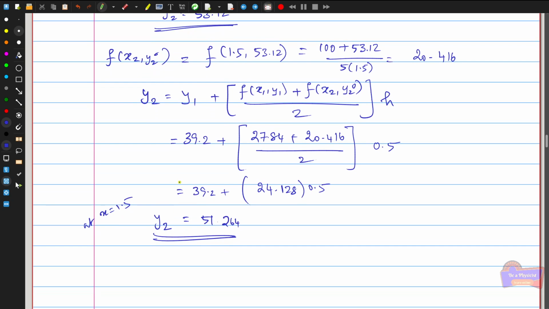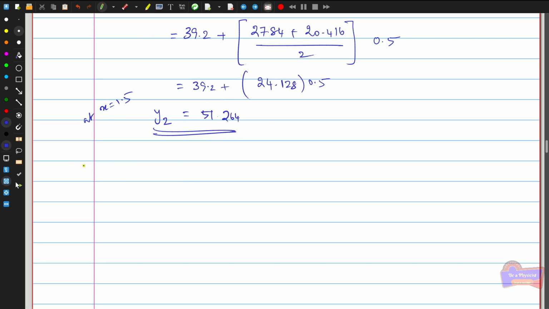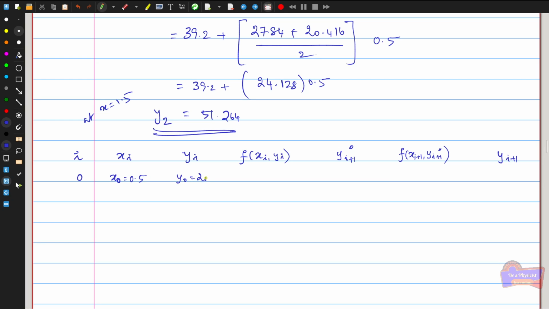Now if I make a table of the calculated values, I have the xi values, yi values, and f of xi comma yi. Similarly, for the predictor method, y of i plus 1 of 0 and f of xi plus 1 comma y of i plus 1 of 0, and the final answer of yi plus 1. For i equal to 0, we have x0 equal to 0.5, and y0 is equal to 20, the initial values.